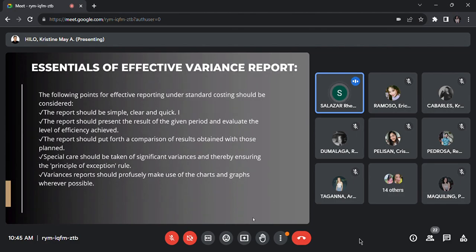The report should present the results of the given period and evaluate the level of efficiency achieved. The report should compare results obtained with those planned. Special care should be taken of significant variances, thereby ensuring the principle of exception. Variance reports should make profuse use of charts and graphs wherever possible.